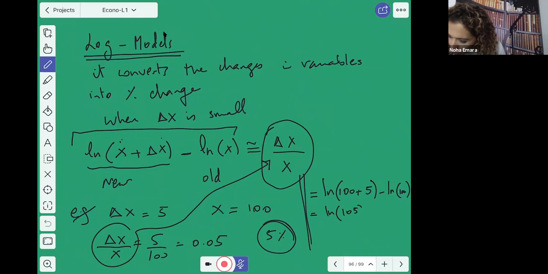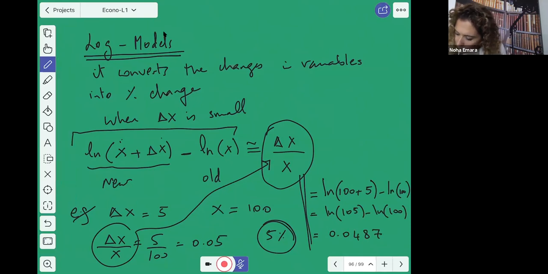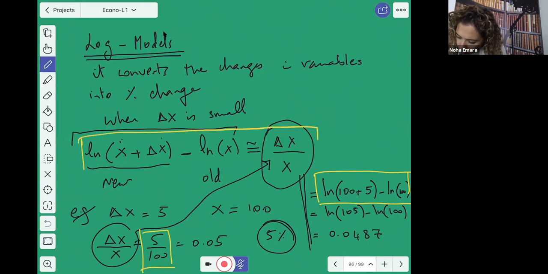And if you plug it on your calculator, you would find it equal to 0.0487. So whatever I get out of this equation is the same as whatever I get out of this ratio. Why? Because based on this rule, they are approximately the same.